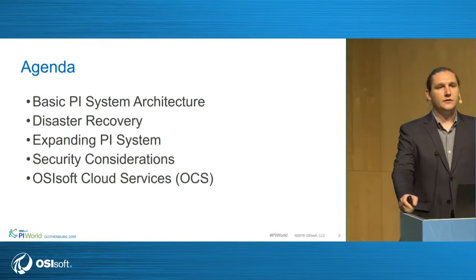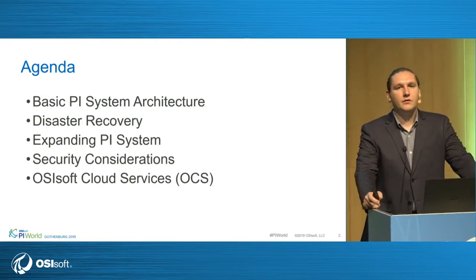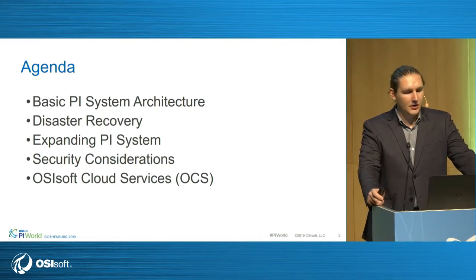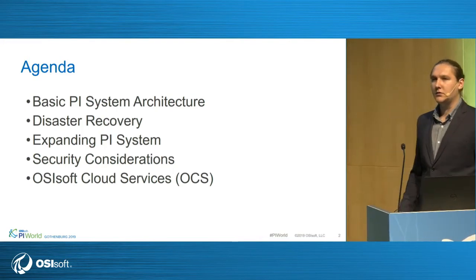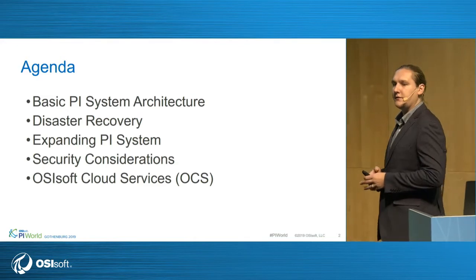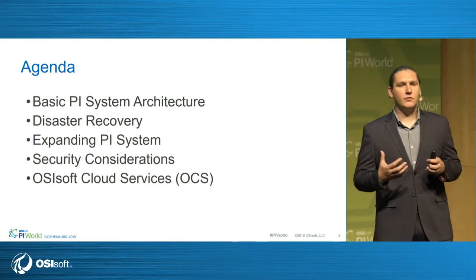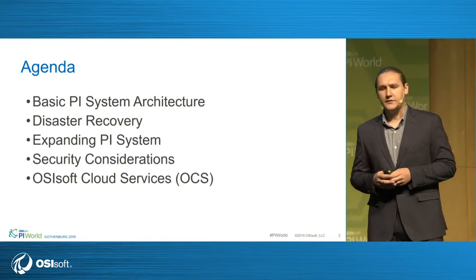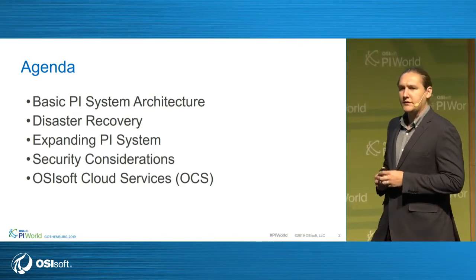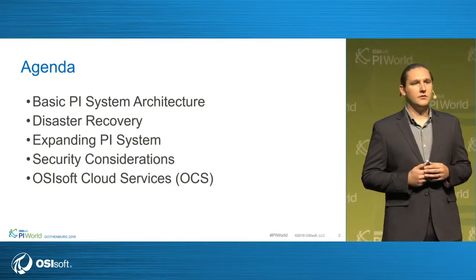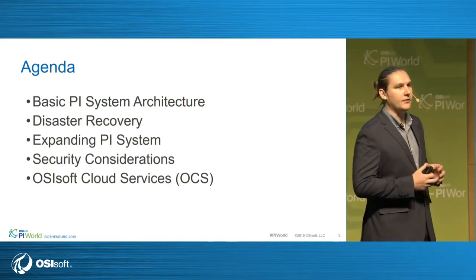We will discuss how disaster recovery plan will change our architecture. The next topic will be all the factors that affect our PI system. So when we need to grow the PI system, what are the main factors? Then we will see how security considerations affect the different parts of the architecture.